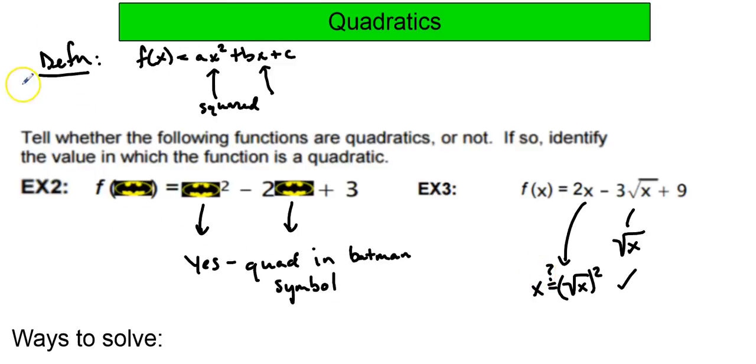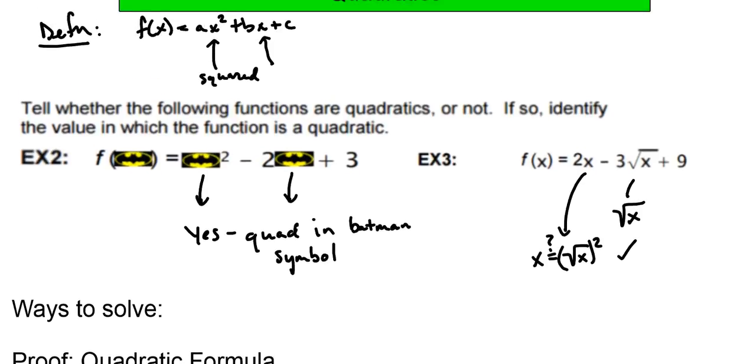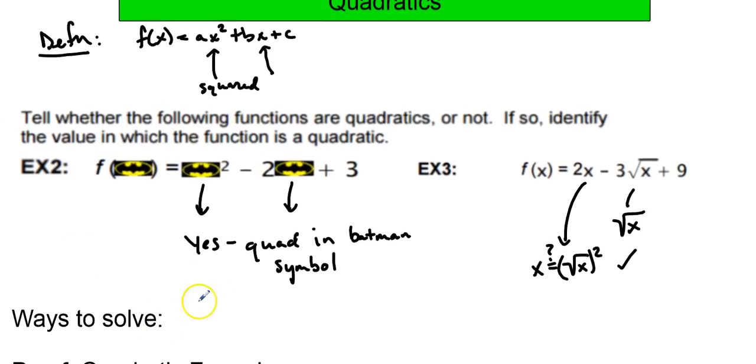Where this really comes in is when we start solving quadratics, and we're going to look at different ways to solve. Again, these are things you should have been familiar with. The number one way to solve is factoring. It's generally the easiest way, so make sure that you're solid with that. Number two way to solve is the quadratic formula.